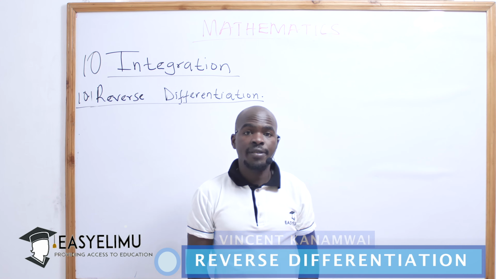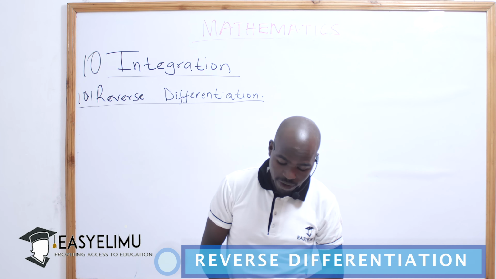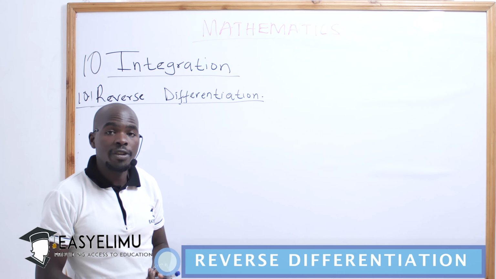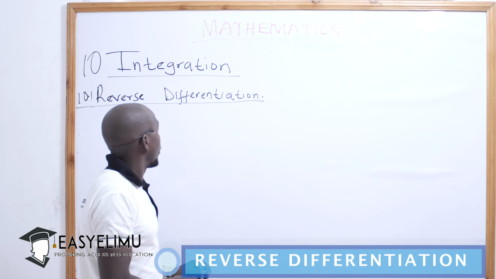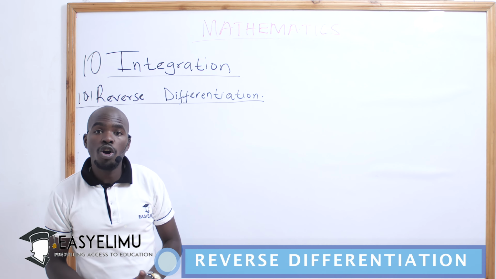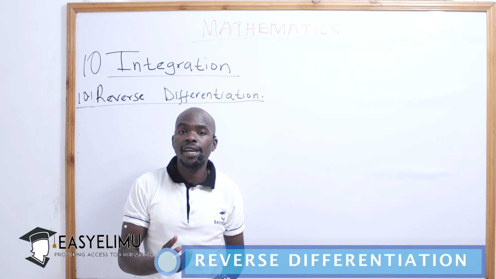From chapter 8 of Form 4 mathematics, we saw how we obtain the gradient of different functions in differentiation. Now we want to go back to the functions which we had before the gradient.